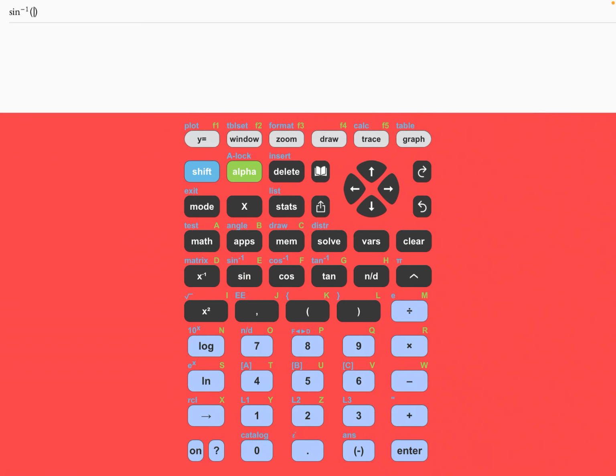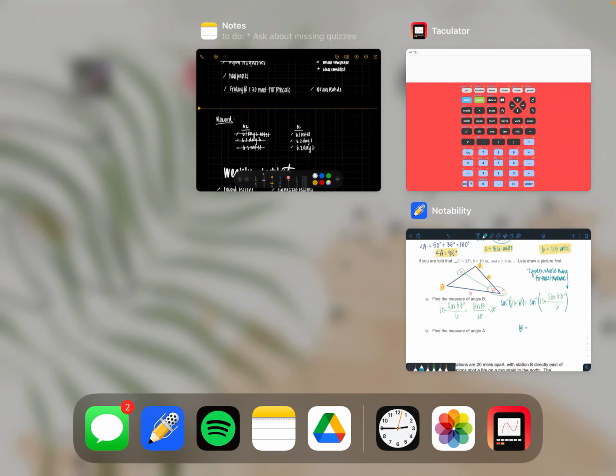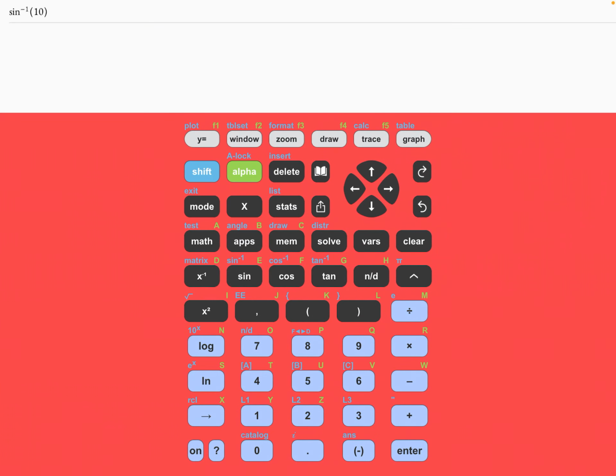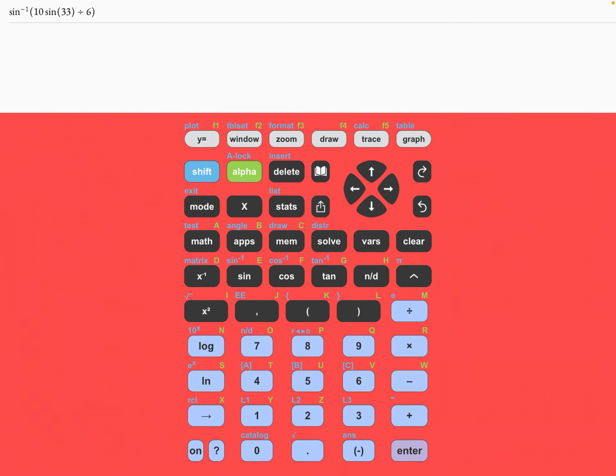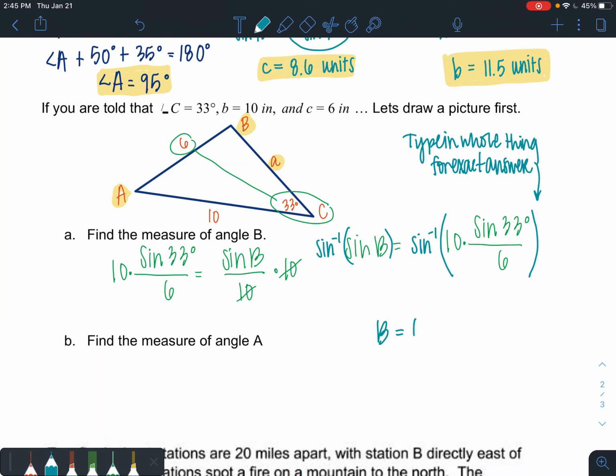So shift sine gives me inverse sine of 10 sine of 33, my calculator is in degrees, divided by 6. And I get 65.19, which we're going to call 65 degrees. So that is what angle B is equal to.